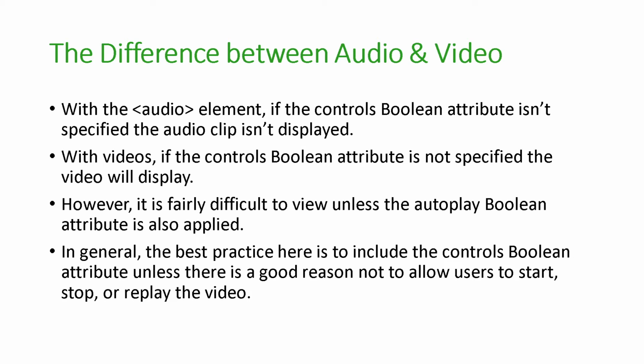One of the big things is that, when we're examining an audio element, if the Boolean attribute of controls isn't set, then the audio clip isn't displayed. We saw that in our last video. But with videos, if the Boolean attribute is not specified, the video will still display.